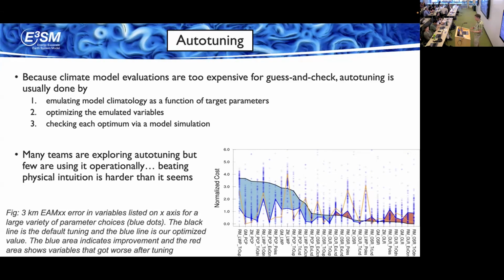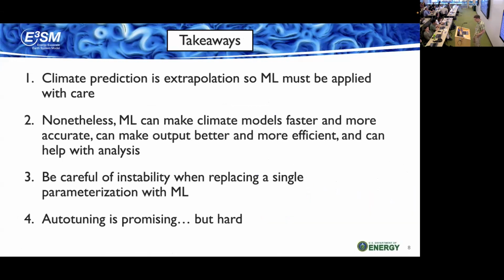One great counterexample is the most recent GISS model was tuned with AI, and there is supposed to be a paper coming out someday about it. It's like 3 years late or something. So, as all the great papers. And so that leaves me with my takeaways that I think I already said, so I'll just take questions.